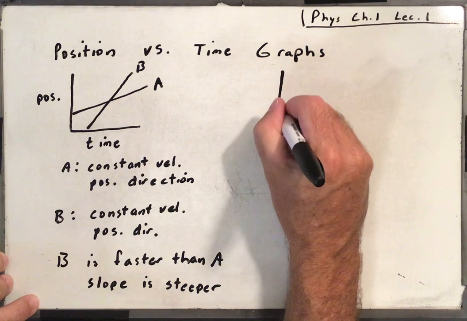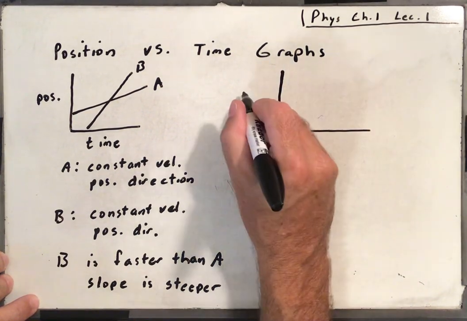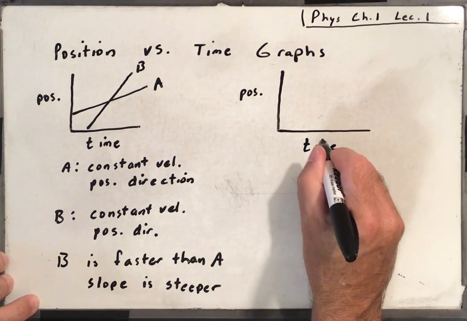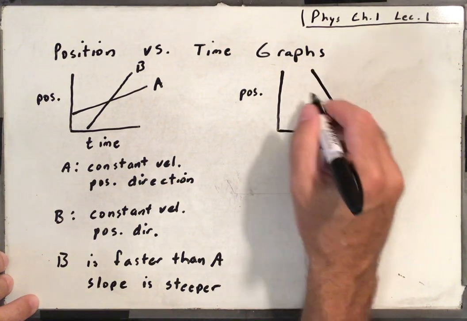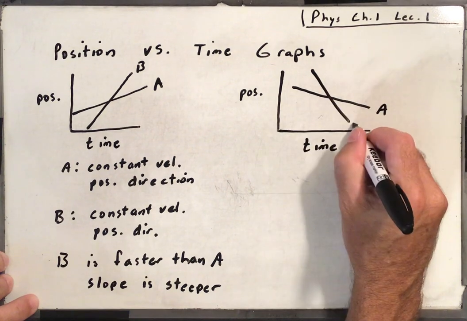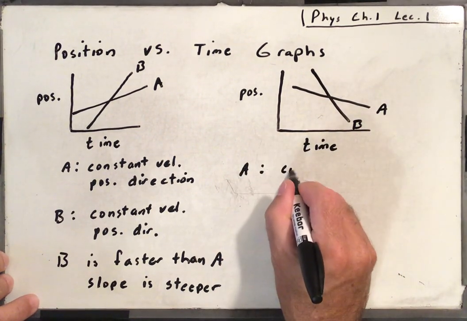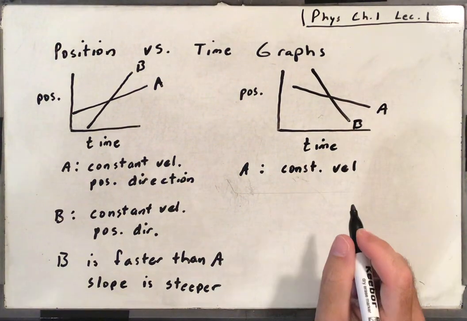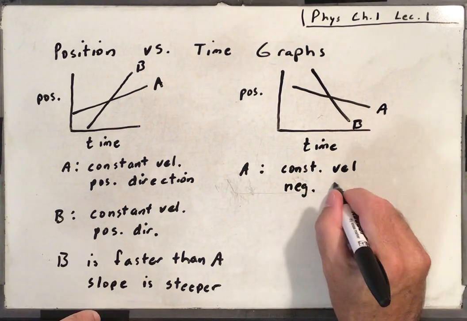Okay, now let's do another one. Got position, time, and let's go like this. So this will be A, and this will be object B. So A, once again, constant velocity because the line is straight. Negative direction, so it's moving left or down.